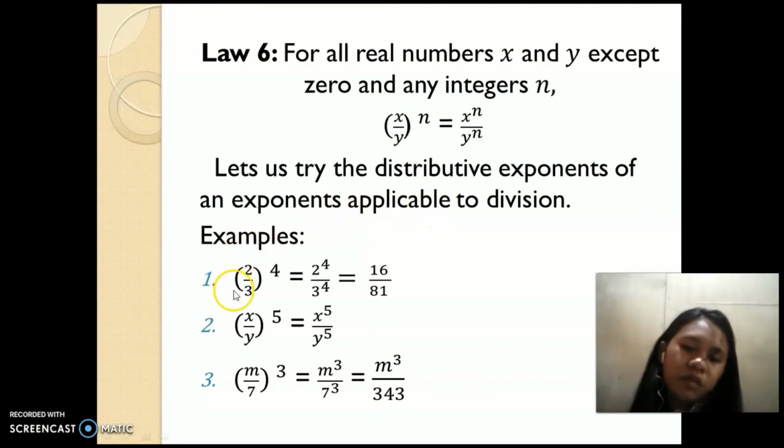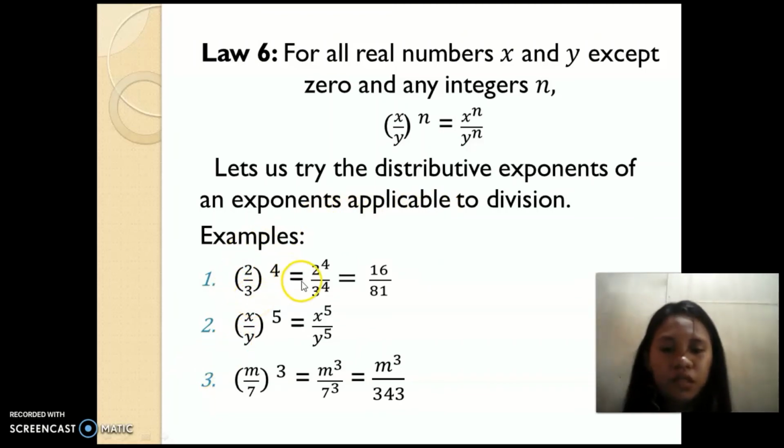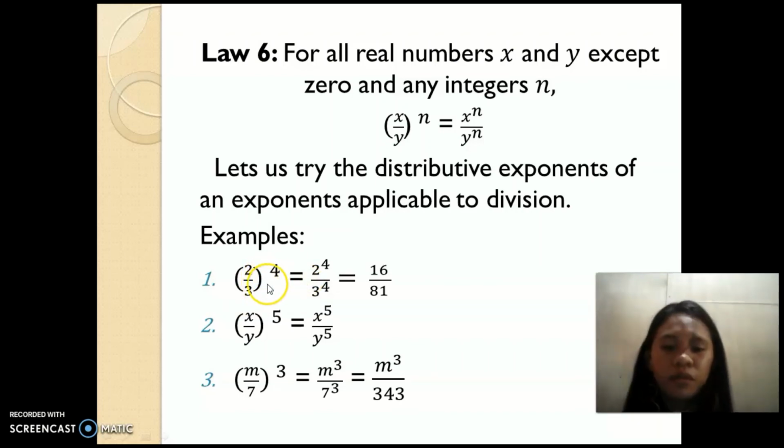We have 3 examples here. (2 over 3) raised to 4 is equal to, we distribute the exponent to both the numerator and denominator: 2 raised to 4 over 3 raised to 4, which is 16 over 81.